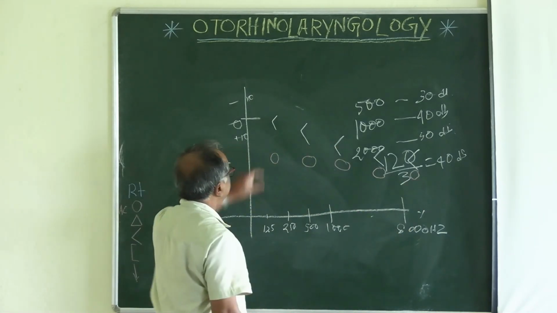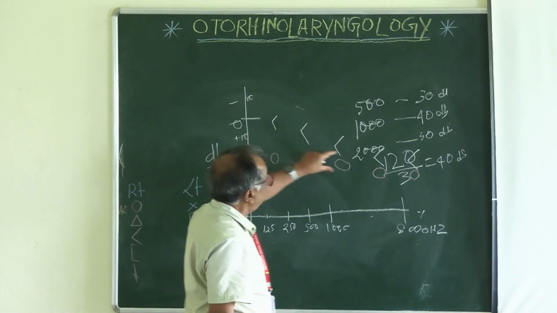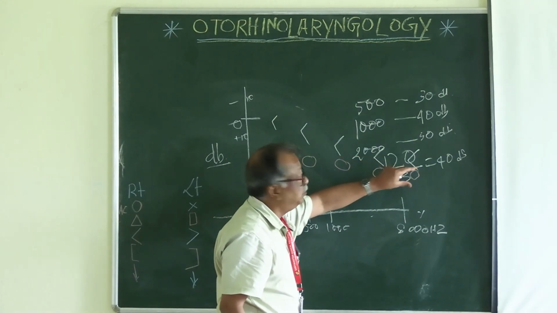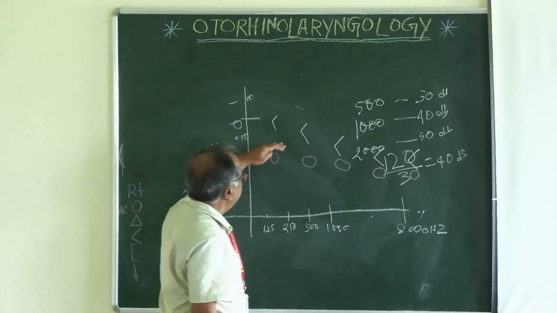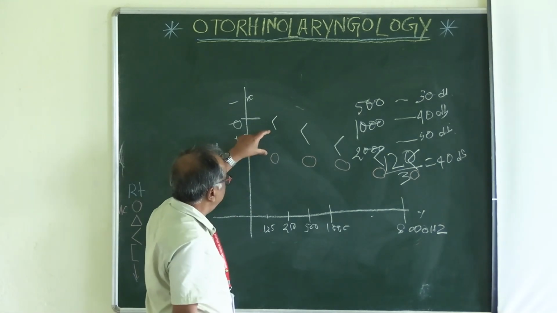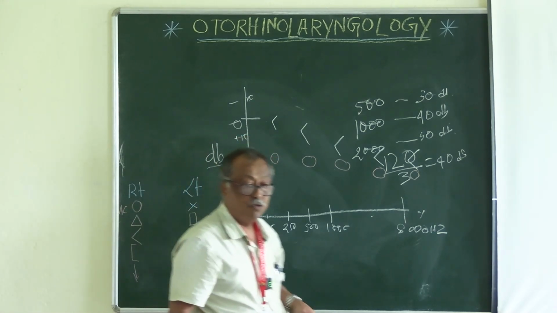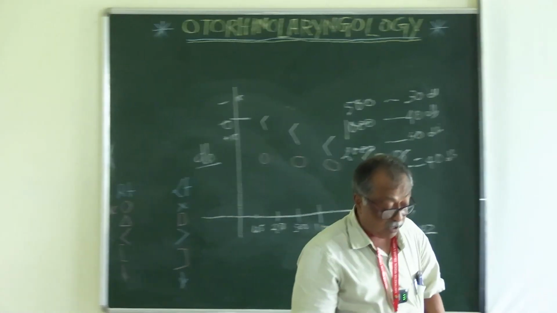You see there is an air-bone gap, but gradually with the higher frequency they merge with each other. That means there is a mixed deafness. And this type of lower frequency AB gap is seen in otitis media with effusion or secretory otitis media.